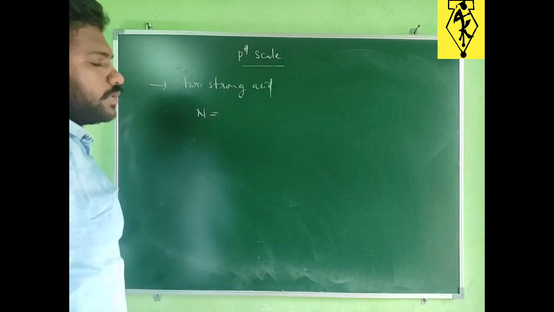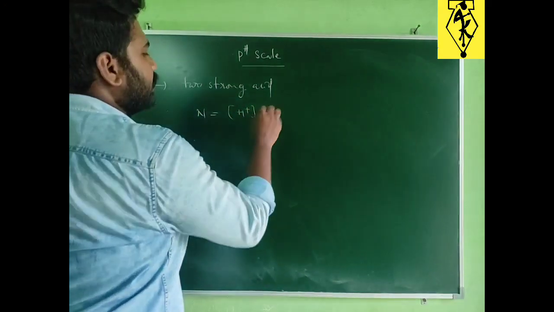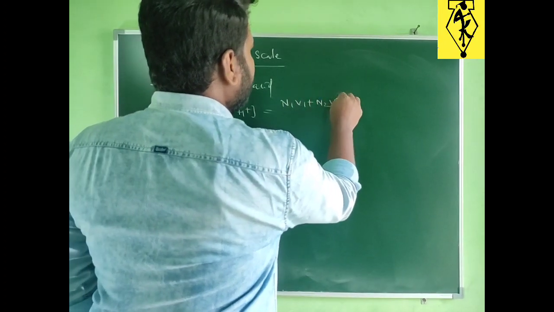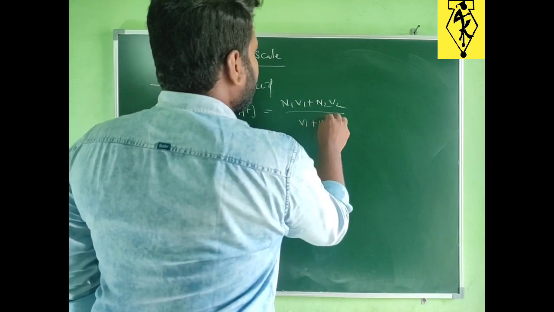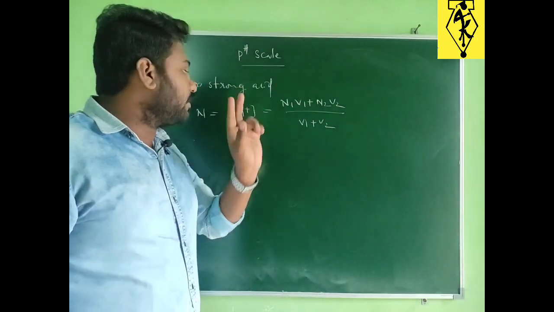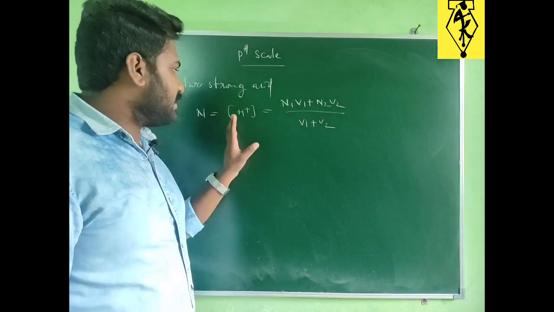So N equals, N means normality here. Here we have only the H plus ion concentration, that is equal to N1 V1 plus N2 V2 divided by V1 plus V2. So when they have given two strong acids and they are asking for the pH value of the resulting mixture, this is the way to calculate.